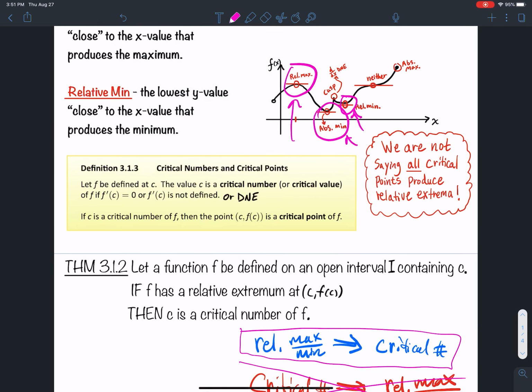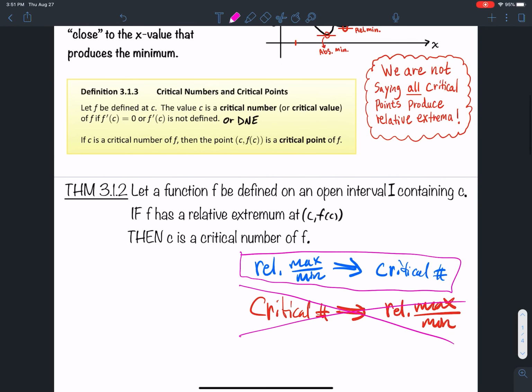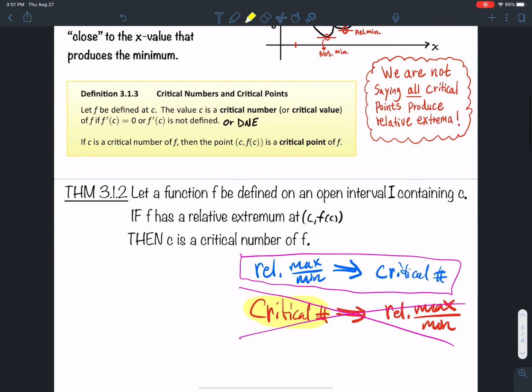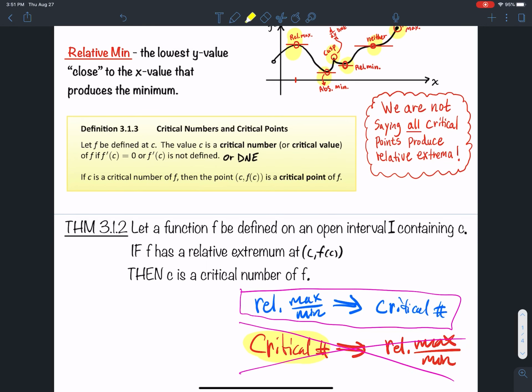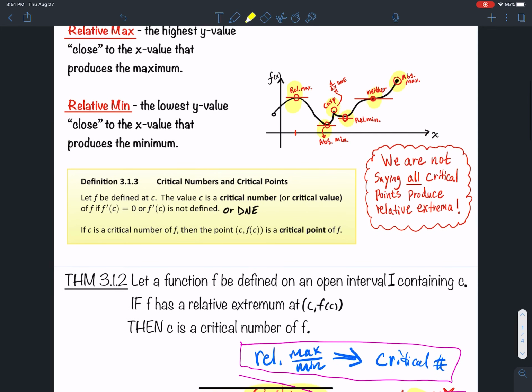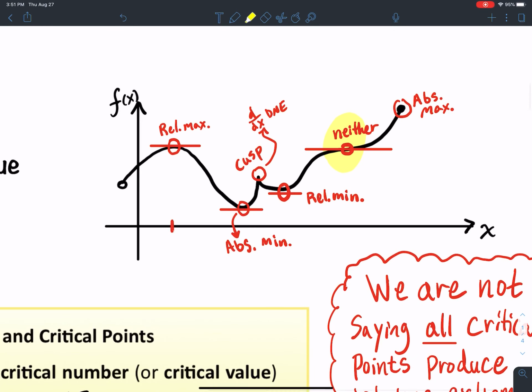That's what I'm saying. Those are critical numbers, all right? Very different than trying to say if it's a critical number, like here, here, here, here, here, and here, right? Okay. If it's a critical number, then it's a relative max or min. The example right here illustrates that that could be false. This is a critical number that is not a relative max or min, okay?